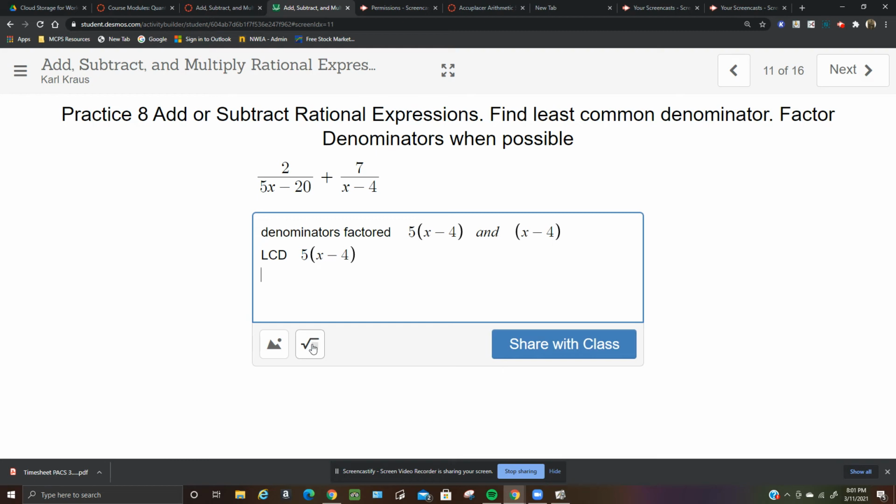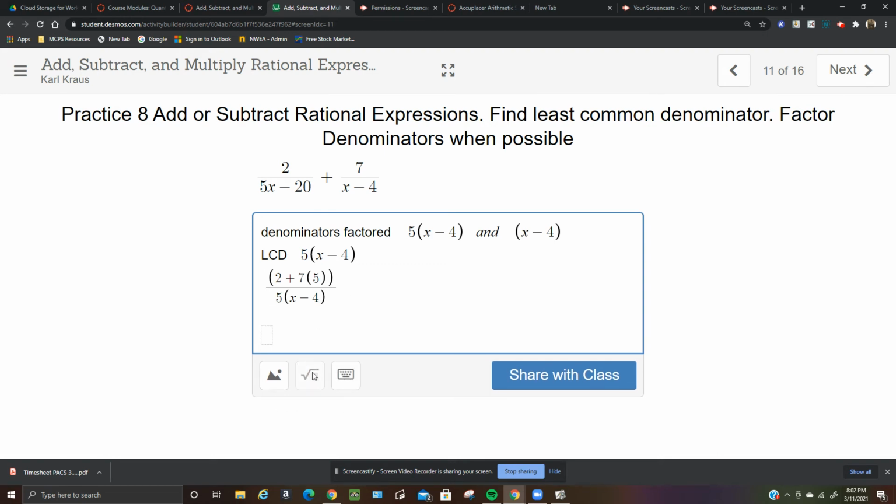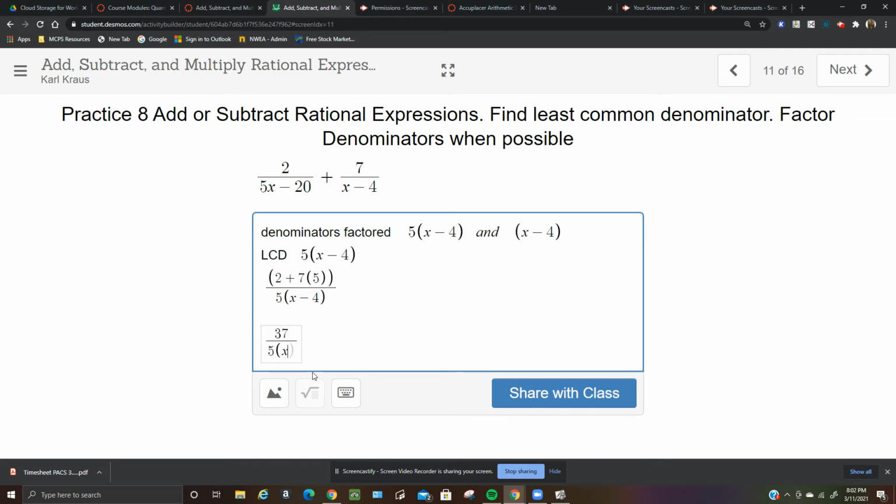So you want to multiply. 2, you don't have to multiply by anything; there are no missing factors there. So 2, and then plus 7 times the missing factor, which is 5, over the common denominator. 2 plus 35 would be 37. So 37 over 5 times x minus 4.